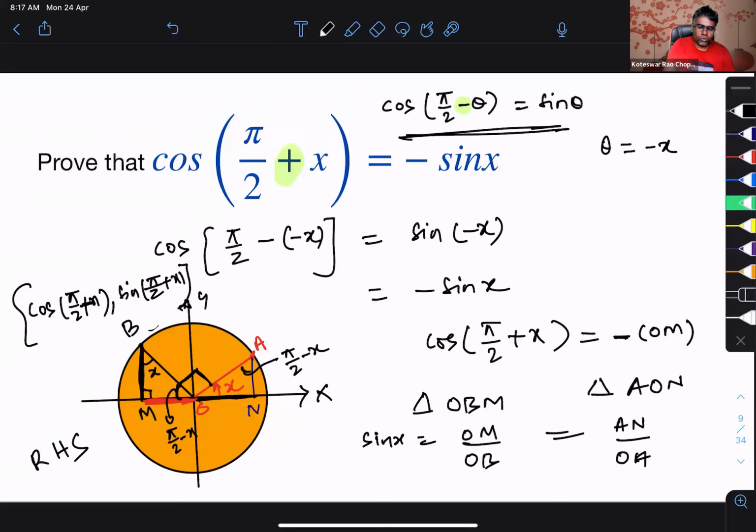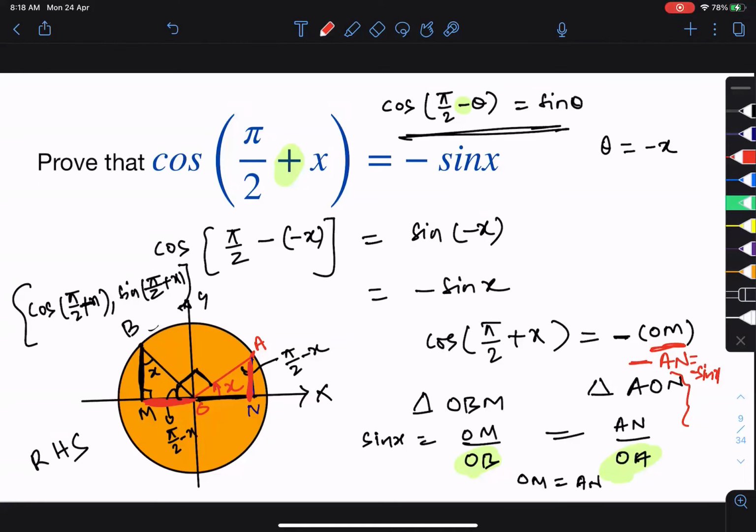But we know OB and OA are equal, so these are equal anyway. That tells us that OM is equal to AN. Are we okay? So let me highlight those sides. OM, this one is equal to this one. That is what we want to prove anyway, right? But here AN and OM are just the positive values, the numbers, the distance. So this minus sign will come up front. So cos of pi by 2 plus x will become minus AN, which is sin x. So minus sin x.